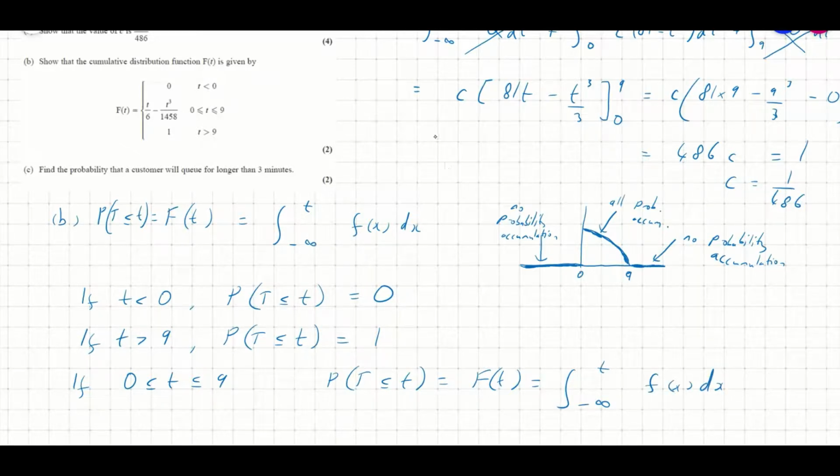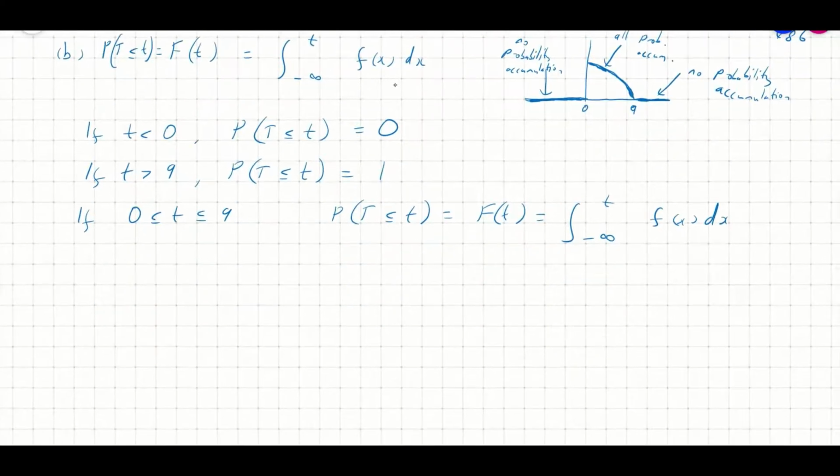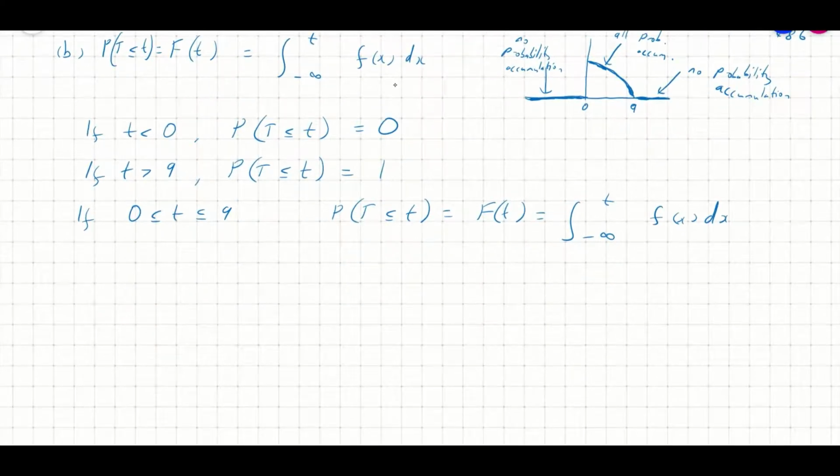And that is equal to the integral between minus infinity and 0 of f(x) dx. Well, that we already know is just 0, because there's no probability accumulation there, plus the integral between 0 and t of f(x) dx.